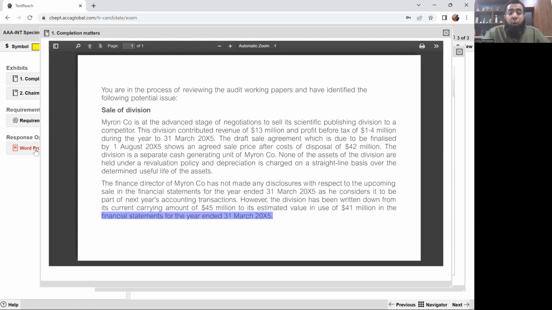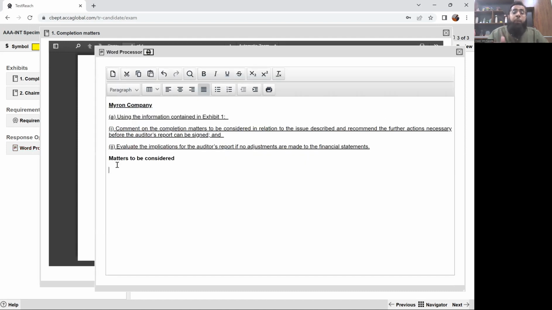Now, before we start looking into matters to be considered in detail, first of all, we will evaluate the materiality. You all know that in the matters to consider answer, first of all, we comment on the materiality of the issue.